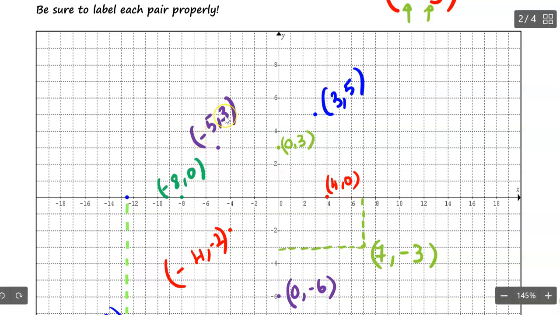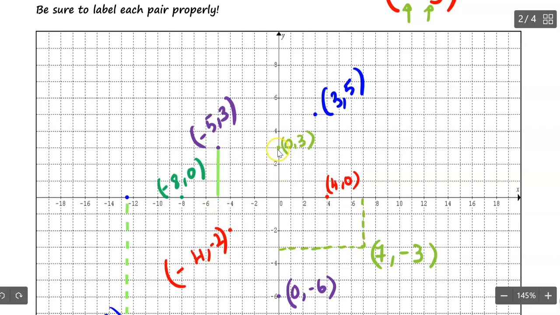Negative 5 and 3. Negative 5, positive 3. Okay, so negative 5 represents the negative part of the x-axis. So what I do is go to the negative part of the x-axis and draw a line perpendicular to it, moving up.